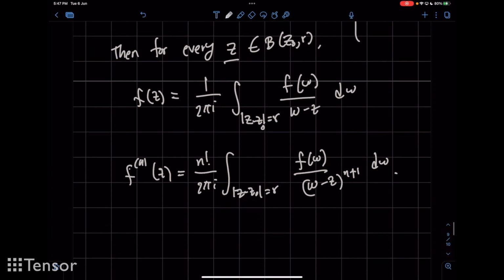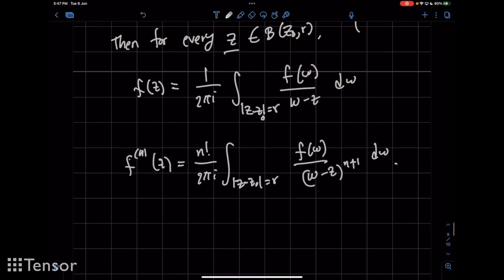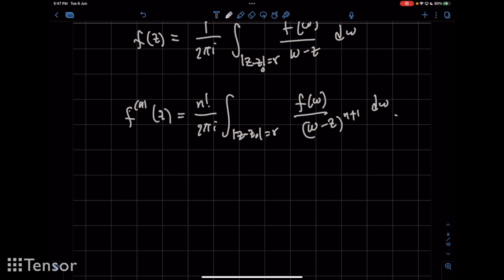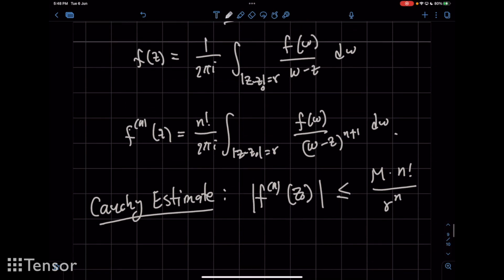All right. And from these integration formulas, we have a very interesting inequality called the Cauchy estimate. It gives us a bound on the nth derivative of f at z0. The nth derivative at z0 is bounded by M times n factorial divided by r to the power n. What is M?